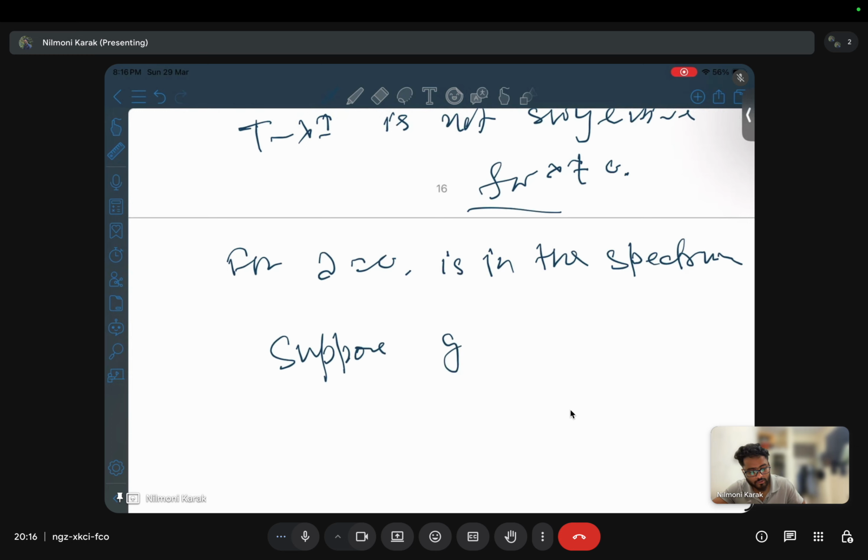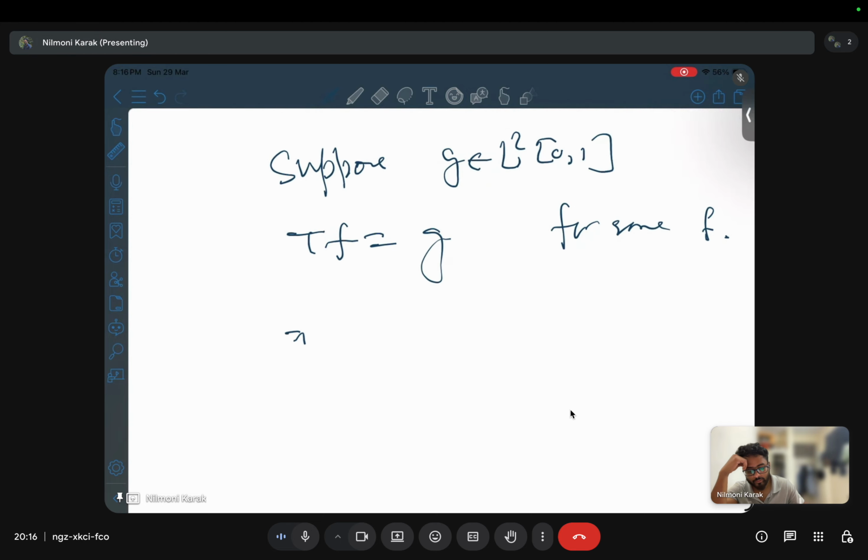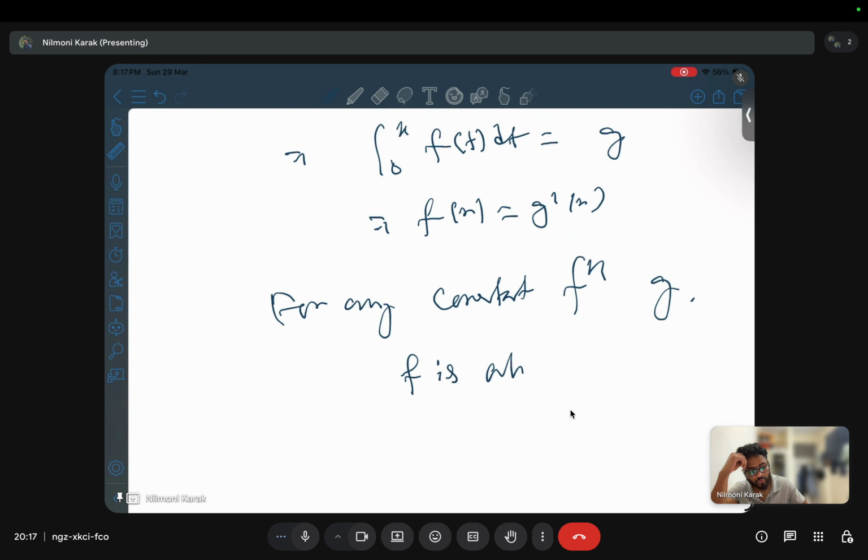Suppose g is in L2[0,1], so T f equals g for some f. So this implies the integral from 0 to x of f(t) dt equals g, f of x equals g dash x, and for any constant function g, f is always 0.